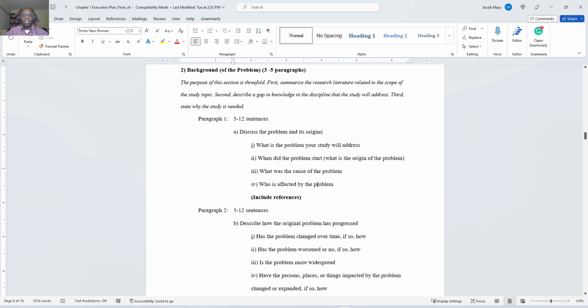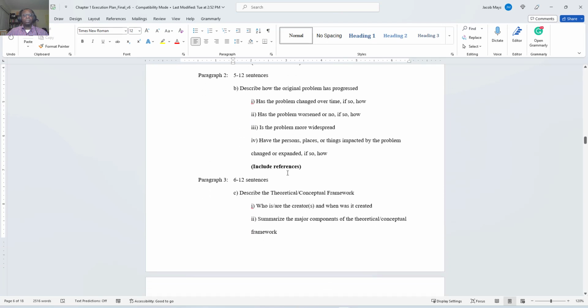Who is affected by the problem? You must include references because this is based on the literature. All of these questions are answered based on the literature. Now, that is the purpose of the first paragraph. That's what we're going to accomplish in the first paragraph.